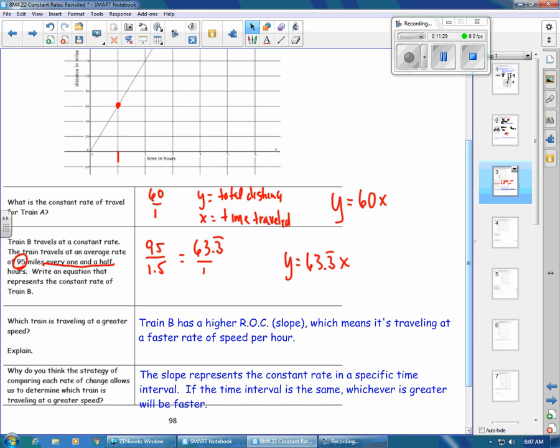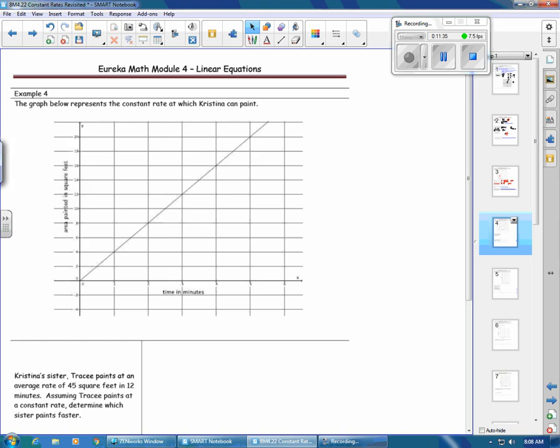All right, let's do one more example together. So page 99. The graph below represents the constant rate at which Christina can paint. So Christina can paint, this is our feet. She can paint 4 feet in 1 hour.